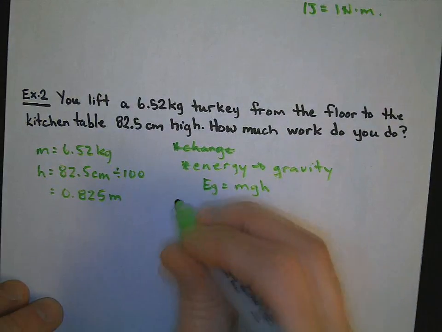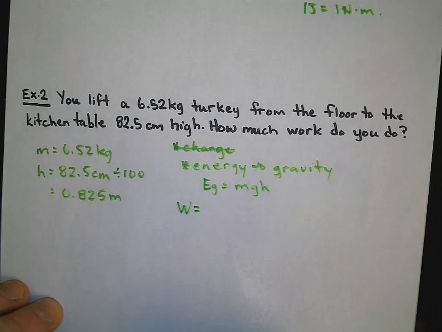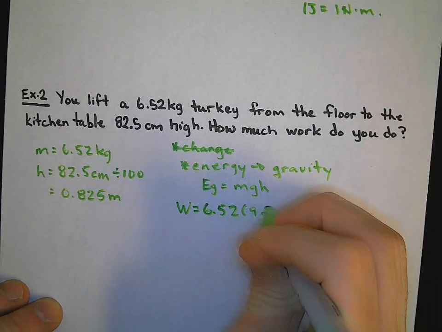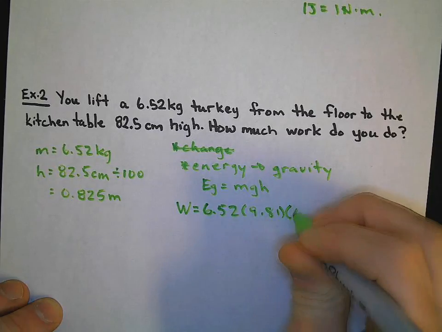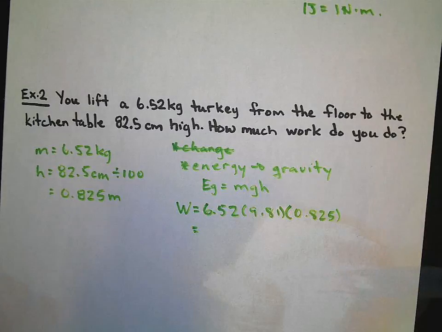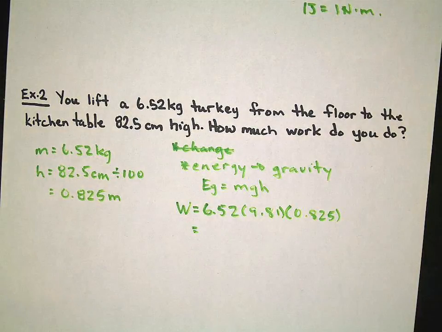So therefore, our work done will be 6.52 times 9.81 times that height of 0.825, because our force and our displacement are in the same direction.